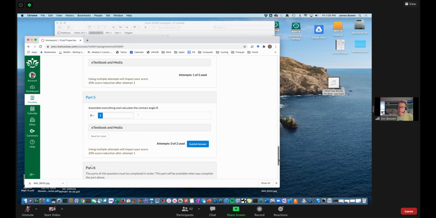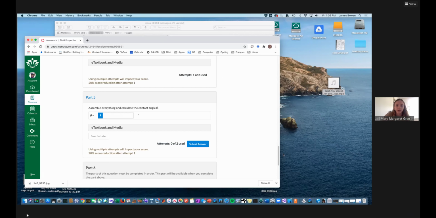Was that where it got difficult for you, Mary Margaret? Yeah, that makes more sense now. I've never done a surface tension problem before. Okay.